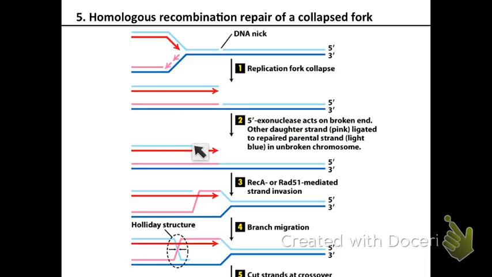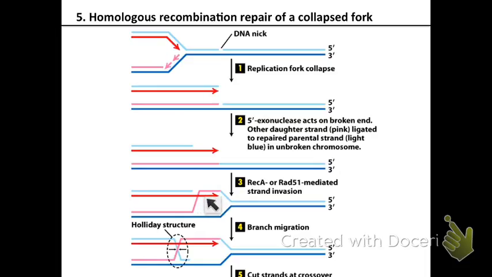This is a 5' exonuclease, so it chews back the 5' end of the double-stranded DNA, leaving single-stranded DNA. This single-stranded DNA looks for homology, and it finds it right next to itself, in the other sister chromatid, which is doing okay.